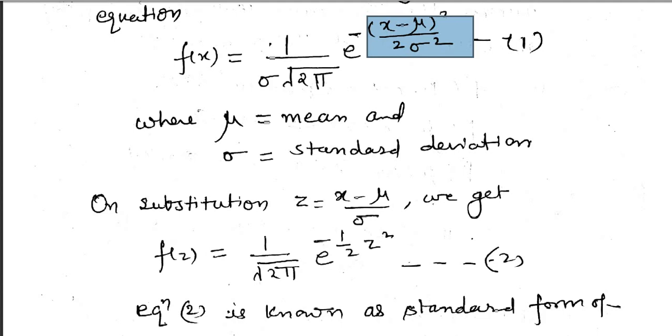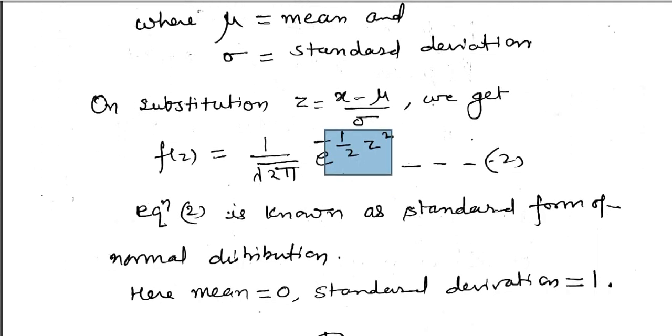Then equation number 1 is converted into the form f(z) is equal to 1 upon root 2 pi, e to the power minus 1 by 2 z square. Clear?